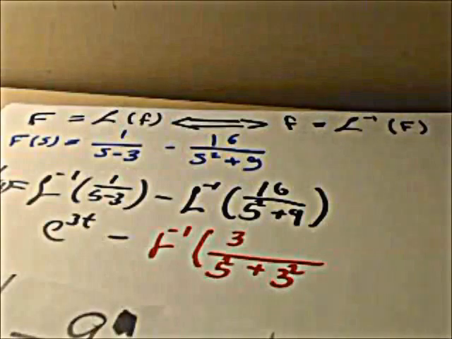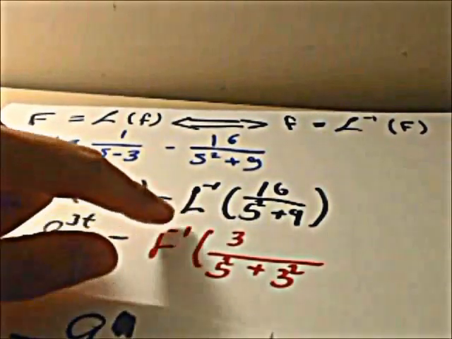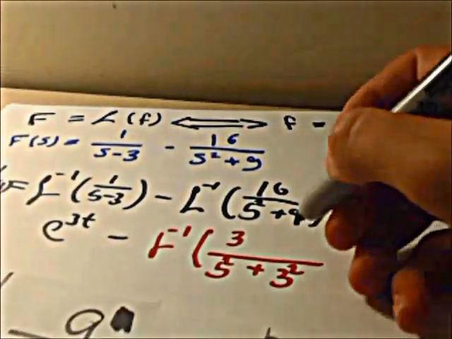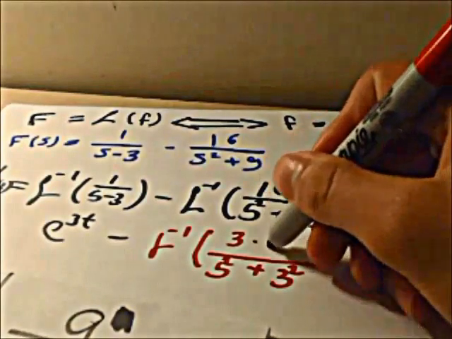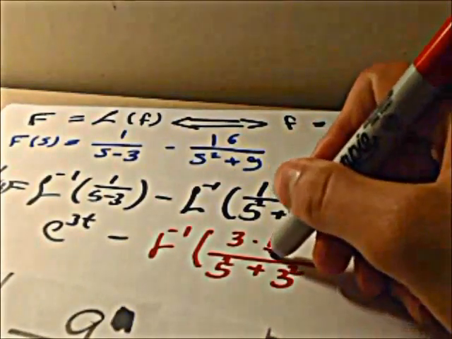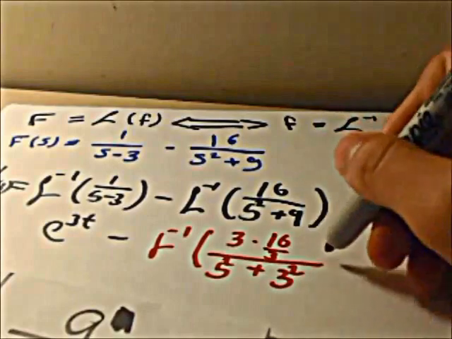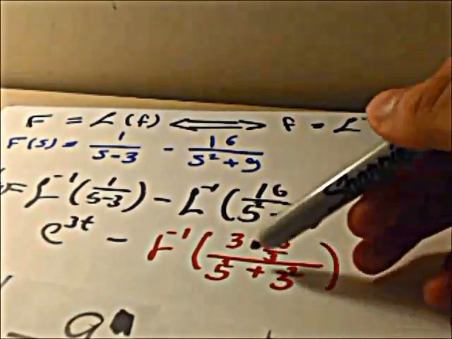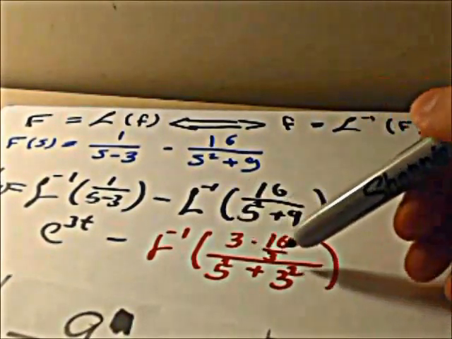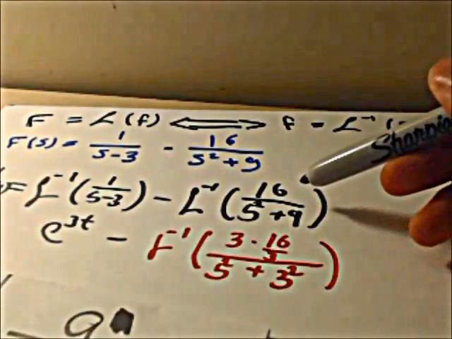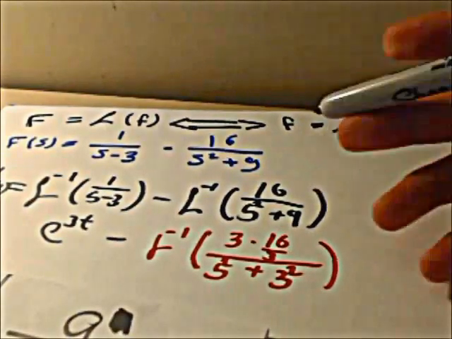The original numerator is actually 16, so I can't just make it 3. But if we multiply 3 by 16 over 3, we get 16, so the 3 over 3 cancels, and we end up with this shape.